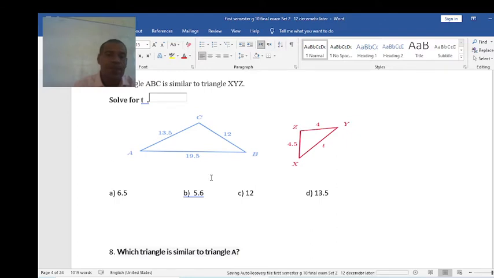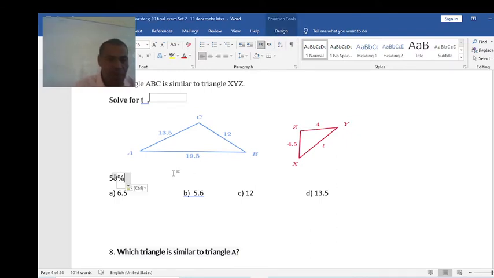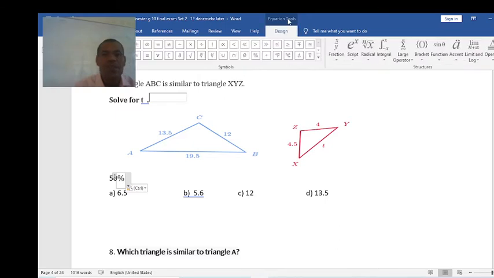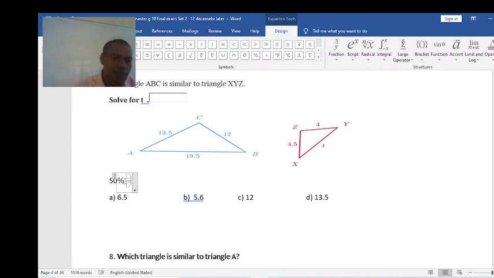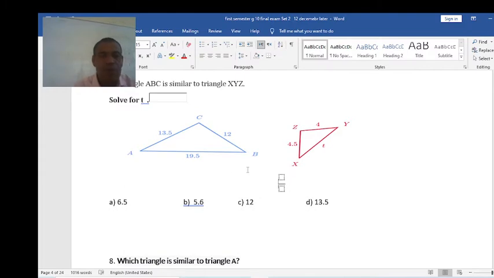Now, my learners, I will try to use a fraction first. I will erase this one because there is no need for it. Now we are told that these two triangles are similar, which means their corresponding sides are proportional.